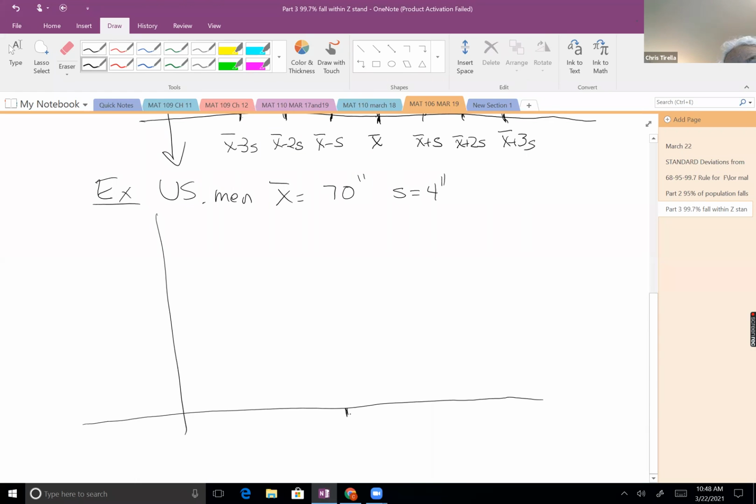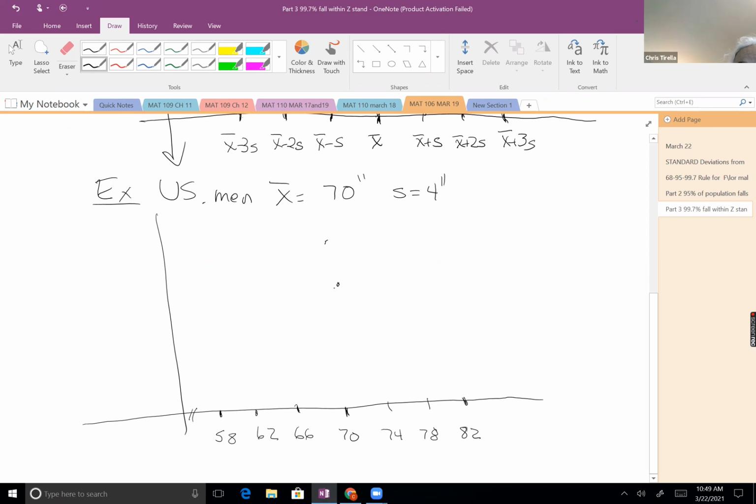I'm going to label my middle with that 70. I'm going to go up by 4. 74 plus 4 is 78. Plus 4 is 82. And down by 4, 70 minus 4 is 66. Minus 4 is 62. Minus 4 is 58.